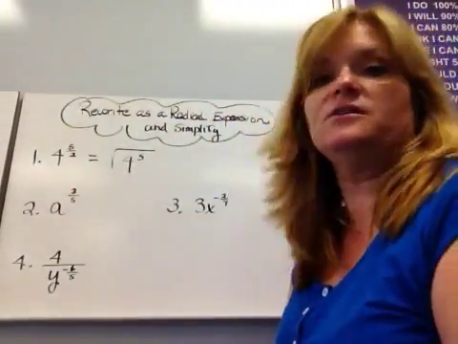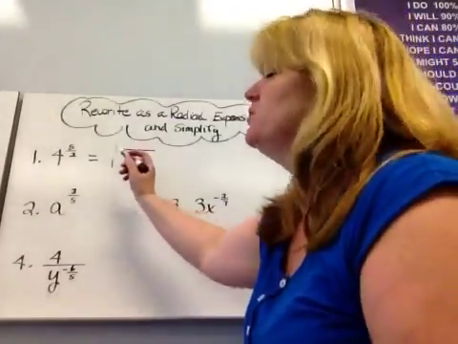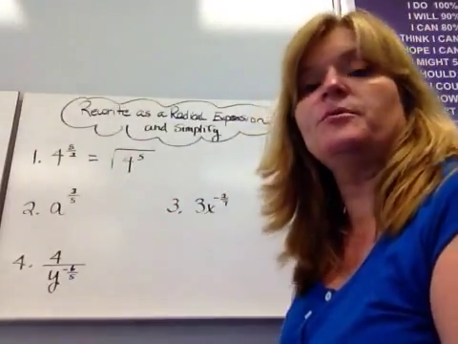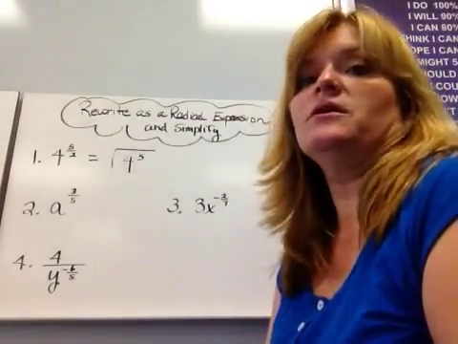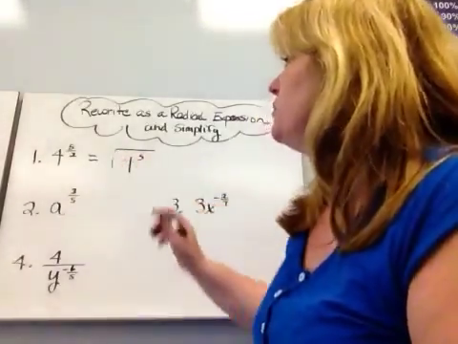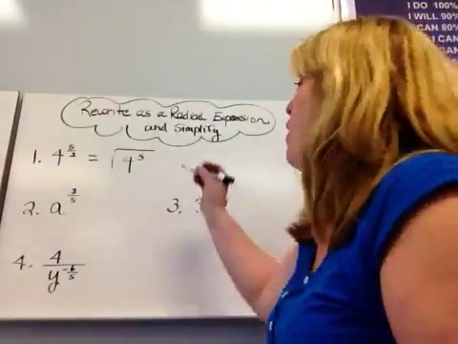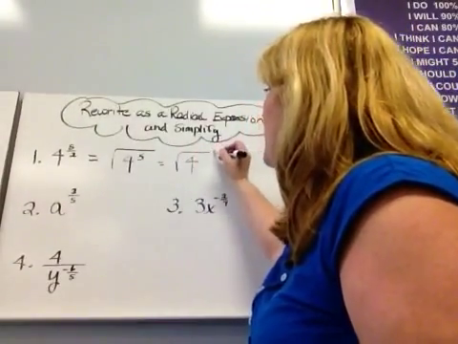Now, if you'll notice, I didn't write the 2 there because with square roots, the 2 is understood. Now, you could write the 2 there, but usually you'll never see it unless it's a cube root or a 4 or 5, anything else besides a 2. So a 2 is understood. So you can rewrite it like that. Or I could rewrite it like this, radical 4 with the 5 here.